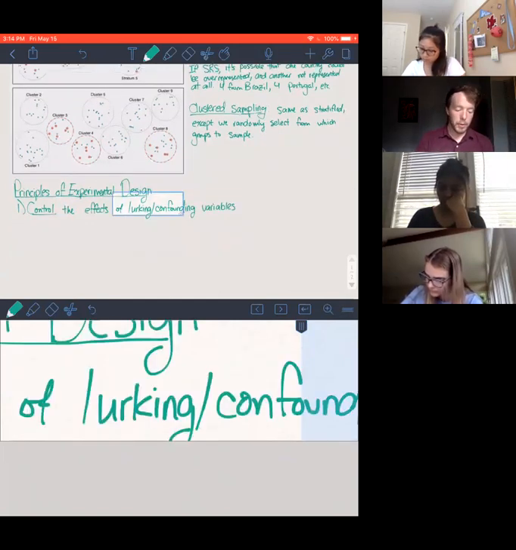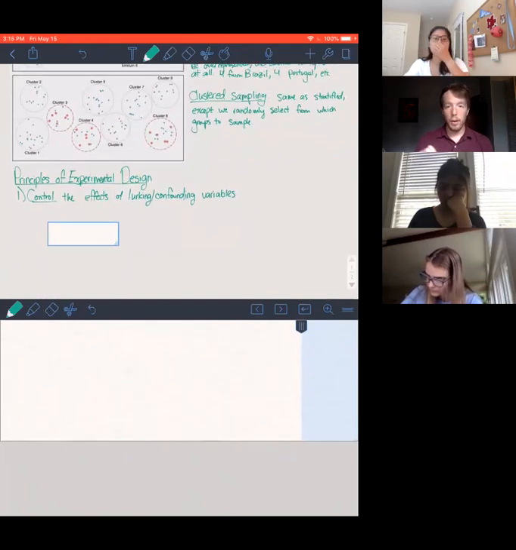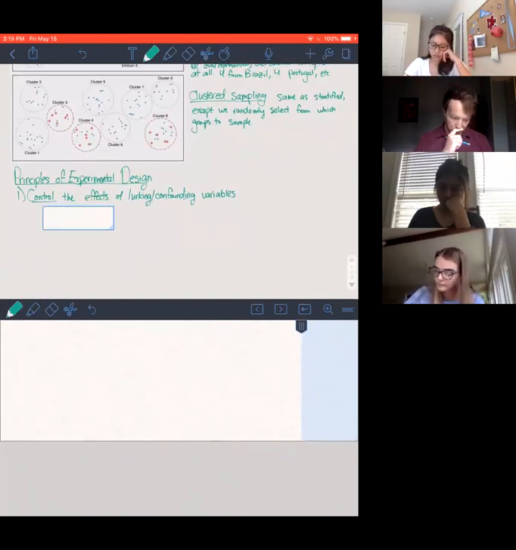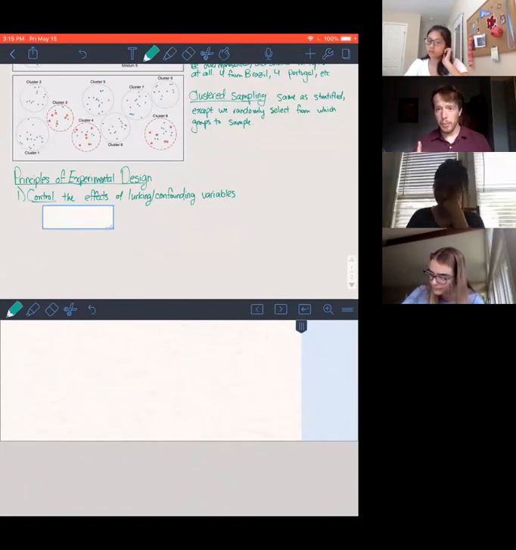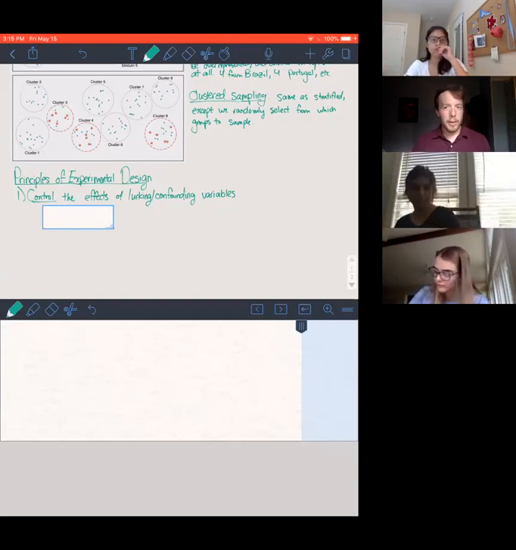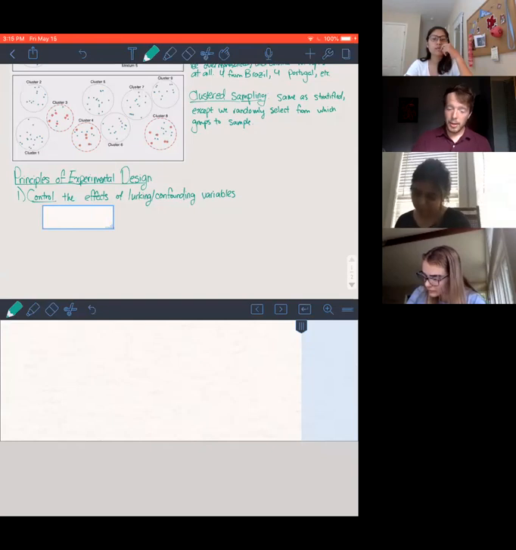So we talked about this a bit when we were speaking about observational studies, right? We had this example where people who wear a lot of sunscreen also have a more likely chance of having skin cancer. Whereas that doesn't necessarily mean that sunscreen causes skin cancer. Rather, it likely means that there is some sort of additional variable that is affecting both of them.